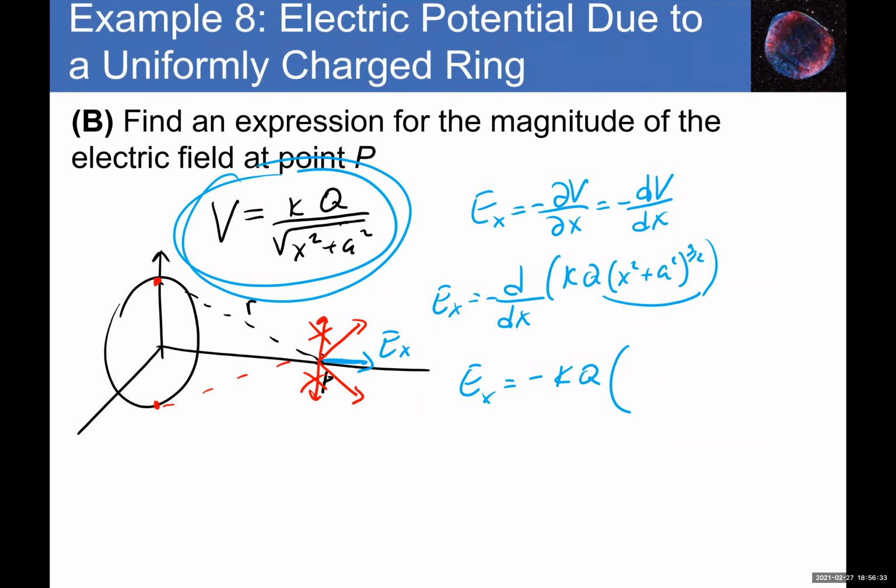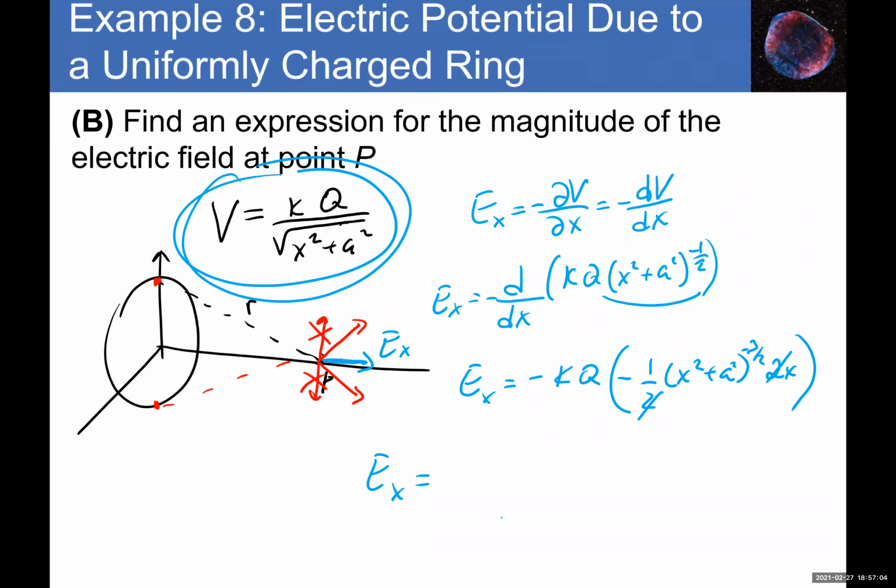all right, I made a typo here. This is negative 1/2, sorry. So it becomes negative 1/2, then x squared plus a squared to the power of negative 3/2. And then I also have to do the derivative of what I have inside the argument, taking the derivative of x squared, which gives us 2x. Then what do I end up with?